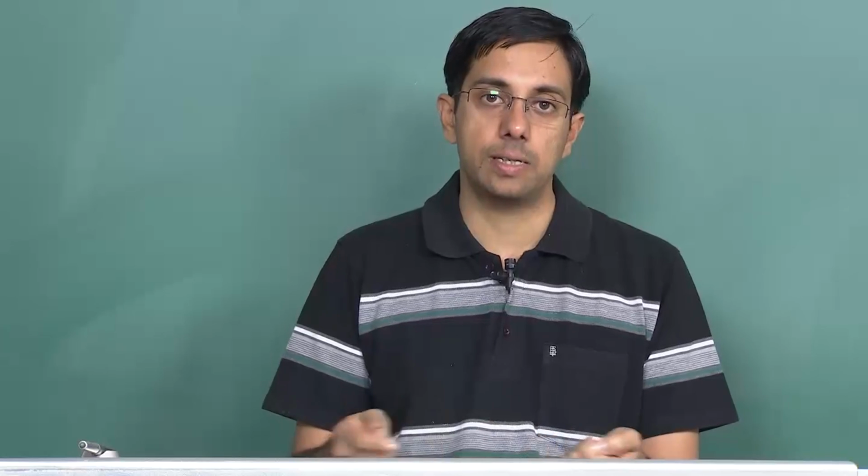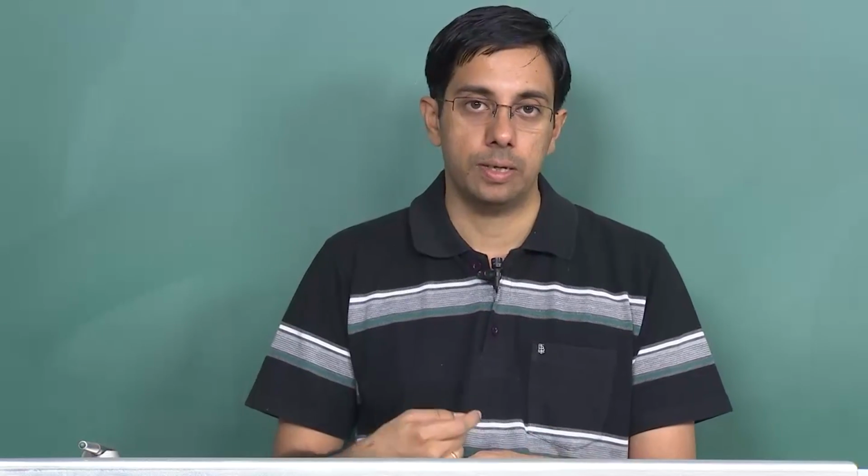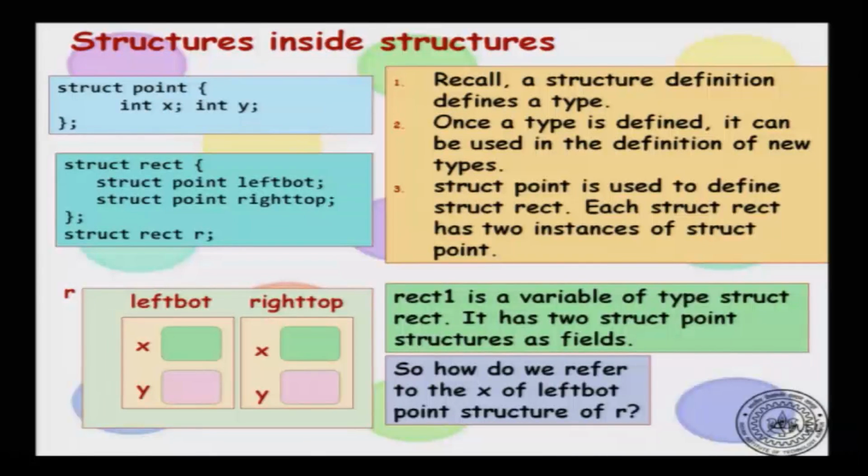We have seen structures whose internal fields can be basic data types. Now, we will see structures whose internal fields are structures themselves. Let us look at a very reasonable use case in which this can occur.